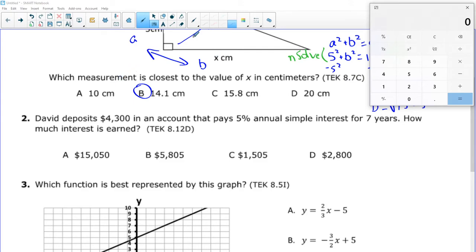All right, second one: David deposited money in an account that earns simple interest for 7 years. How much interest did he earn?